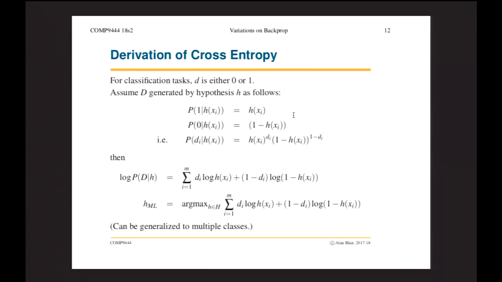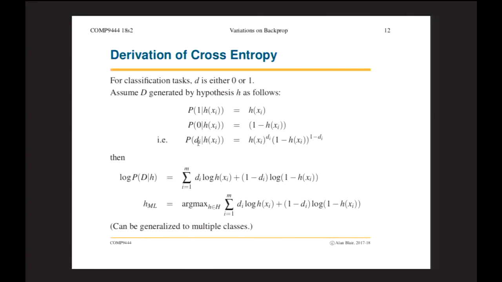Okay, so we can write this. We can think of this expression here as just a mathematical trick to combine these two expressions. Because if di is 0, then this term disappears, because this raised to the power 0 is 1, and this raised to the power 1 is itself, right?